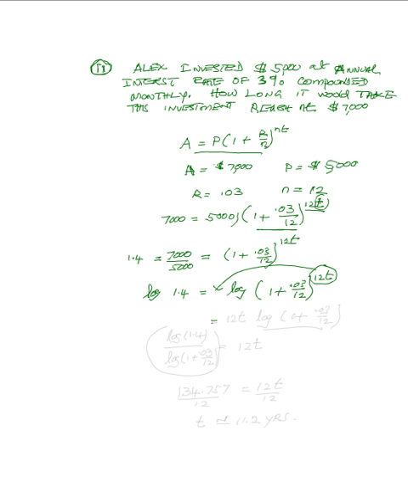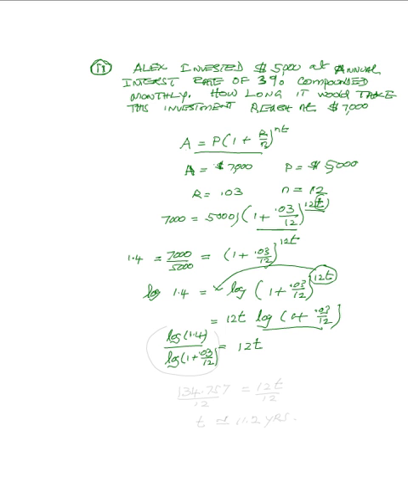So we will have 12t times log of 1 plus 0.03 over 12. Now, if you divide both sides by log of 1 plus 0.03 over 12, we'll have 12t equals log of 1.4 divided by log of 1 plus 0.03 over 12.